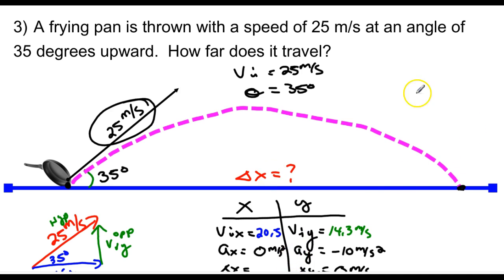My time is 2.86, so since delta t equals 2.86, I can say that delta x must equal the rate that I'm going, which in the x direction is 20.5 meters per second, times how long I'm going at that rate, which is 2.86 seconds. It's meters per second right here. And that should make sense.